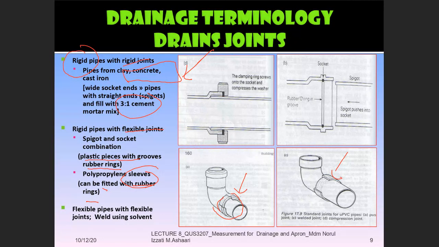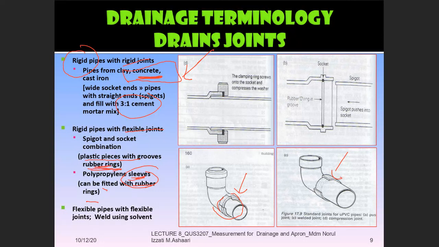For example, if you use concrete pipe, you need to know concrete must be jointed with cement and sand mortar. Clay also must be jointed with cement and sand mortar. But when you have steel, or maybe UPVC, you cannot use cement and sand jointing. You have to use sleeve or rubber ring.